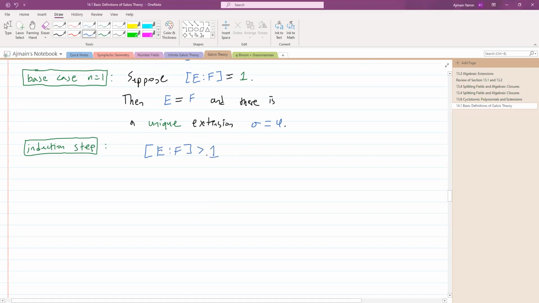E is a splitting field of a polynomial f(x), and let's say an irreducible factor of f(x) is p(x). p(x) is an irreducible factor.